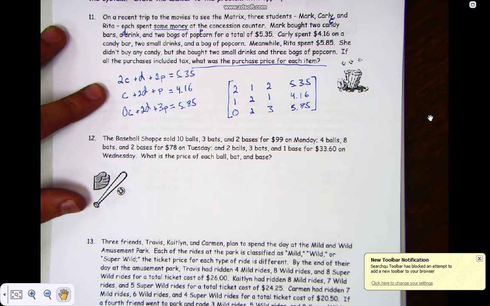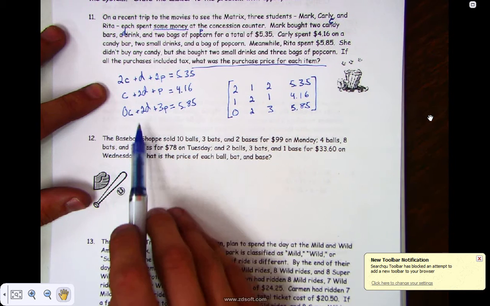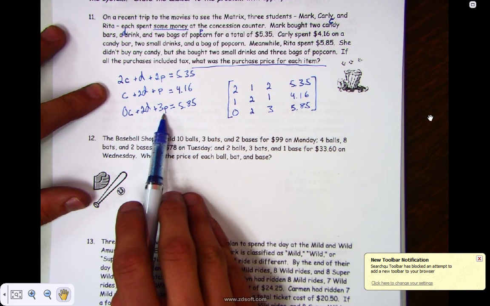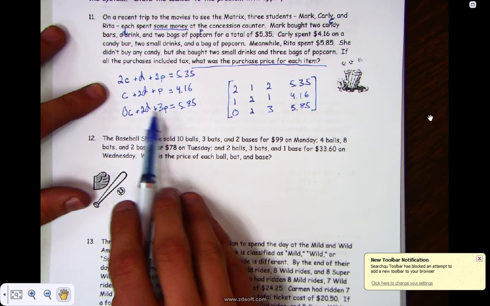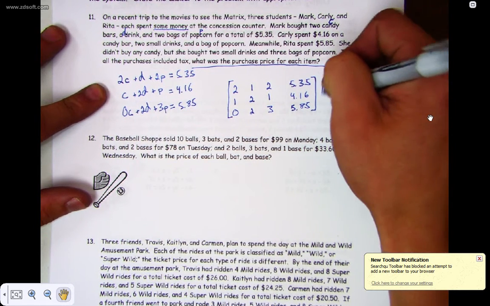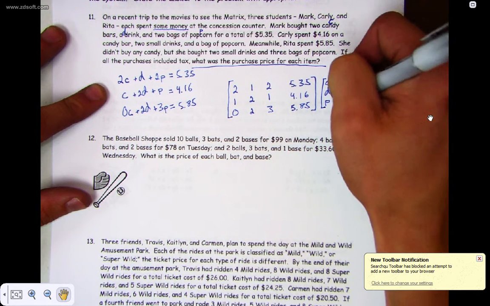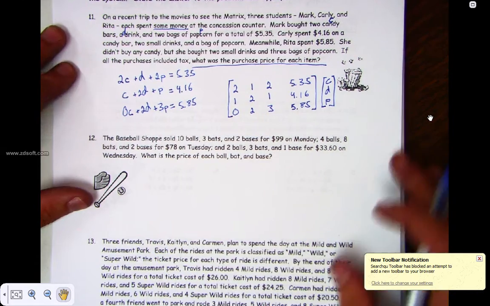Now if we plug that into our calculators as a 3x4 matrix, we should end up getting our answers. At the top should be our candy bar price, the middle should be the price of our drinks, and the bottom should be the price of popcorn. So notice C, D, P in that order. So in the order that we get our solution, it should be C, D, P, from left to right, also top to bottom. All right.